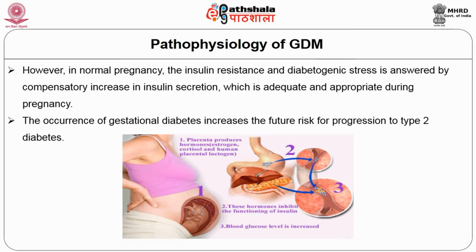However, in normal pregnancy, the insulin resistant and diabetogenic stress is answered by a compensatory increase in insulin secretion, which is adequate and appropriate during pregnancy. Only when this compensation is compromised, a clinical picture of gestational diabetes mellitus sets in, which has a risk for progression to type 2 diabetes if proper corrective measures are not taken postpartum or post pregnancy.